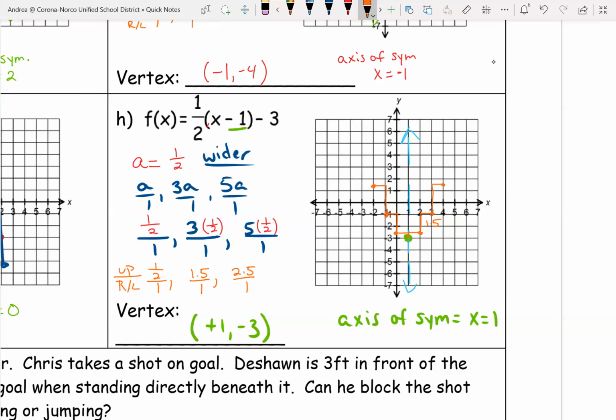So this is 2.5. And so this should be my parabola. Is it wider? Yes, it's slightly wider. Any questions over that? We're good?